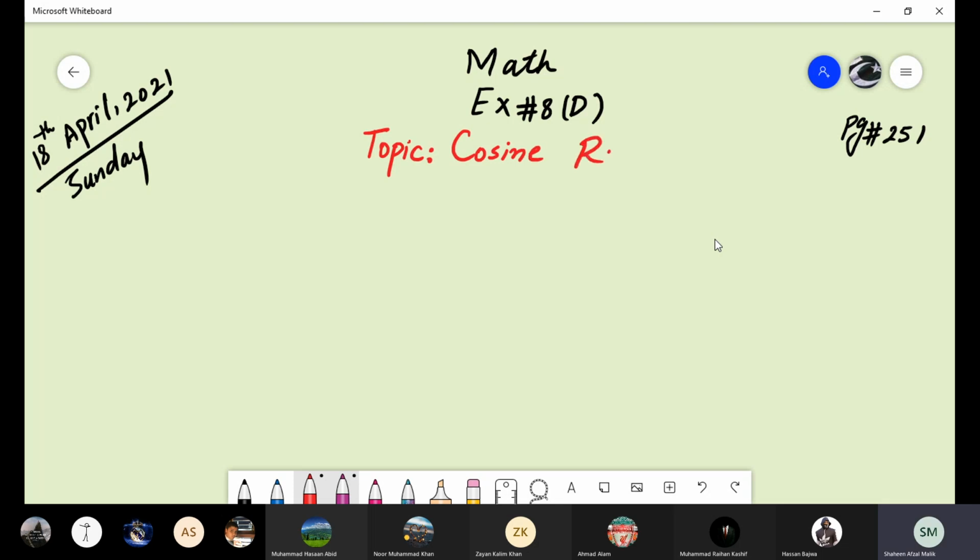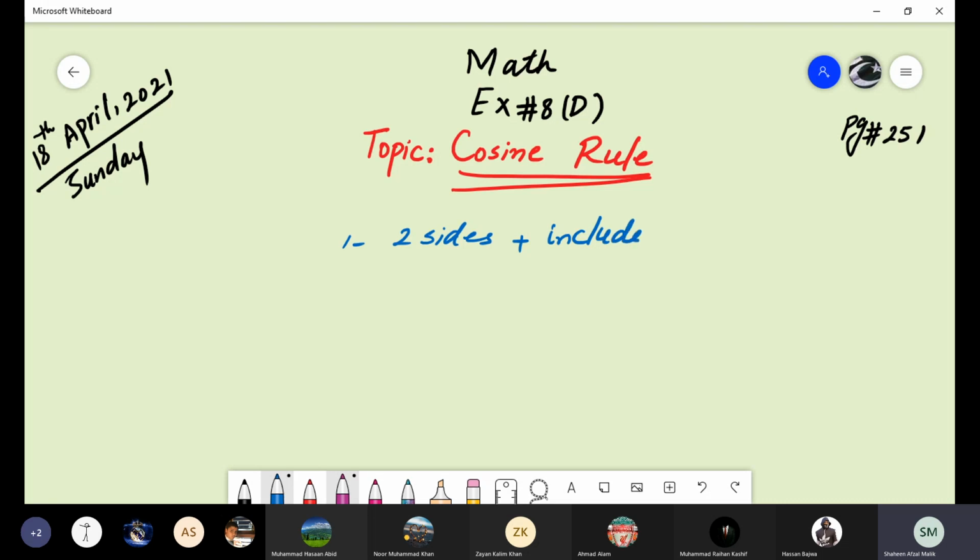And what are the conditions when you apply the cosine rule? Any one of you can tell me what are the conditions when we are going to apply the cosine rule? There can be two conditions. Number one, when two sides and the included angle are given, then we can use the cosine rule.